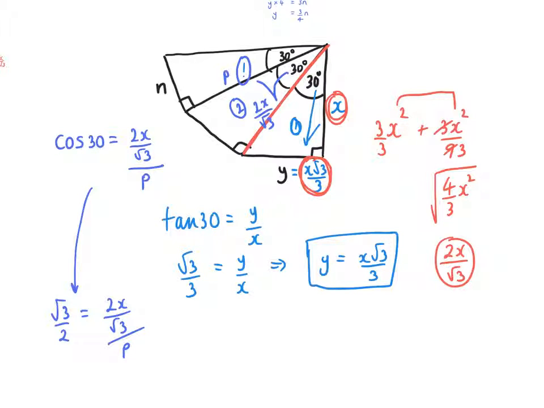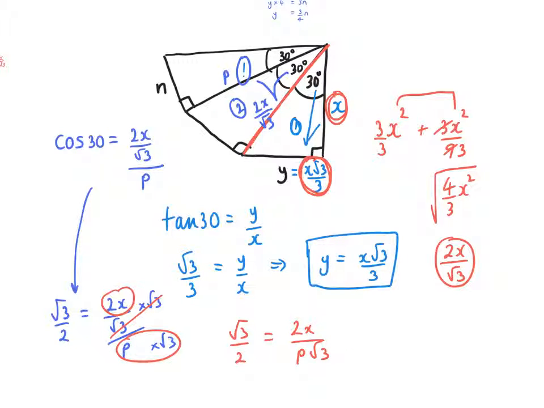Now, if you don't like the look of that, then that's okay. Just times this by root 3 and times this by root 3, because they'll be an equivalent fraction. And then the nice thing about this is this cancels, and we're left with root 3 over 2 equals 2x over P root 3.